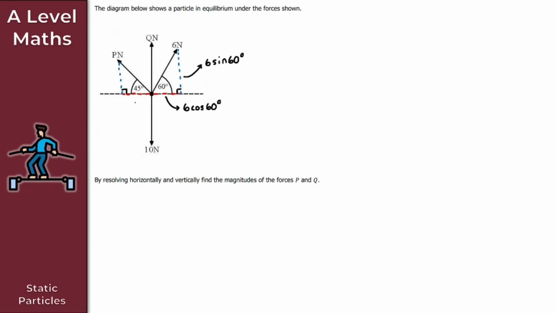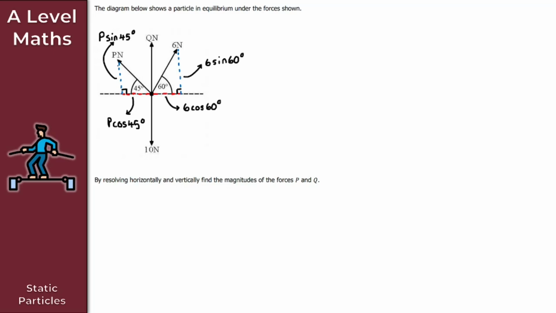For the horizontal component, I get P cos 45 degrees, and for the vertical component, I'll write it above so I have enough room, I get P sin 45 degrees.